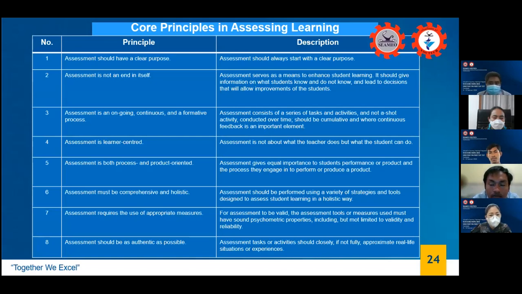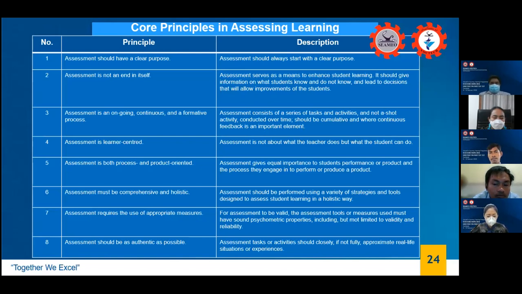Okay, so one principle of assessing learning is that it should have a clear purpose, right? Now, remember, everything that we do in the class is based on our learning objectives, on our performance objectives. So that should be the focus of all your assessment.